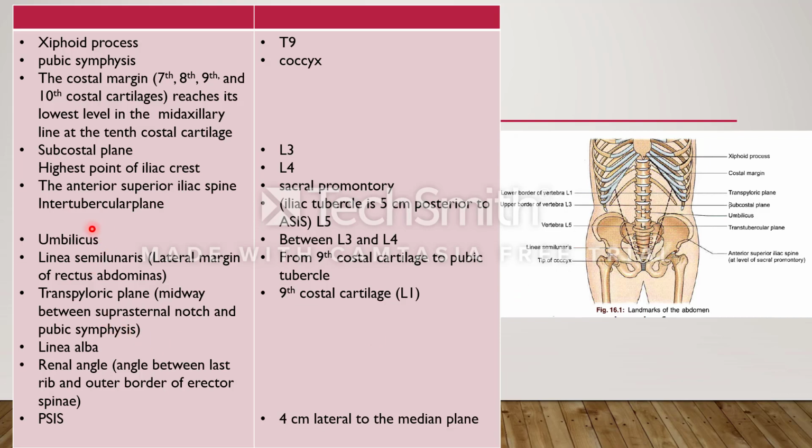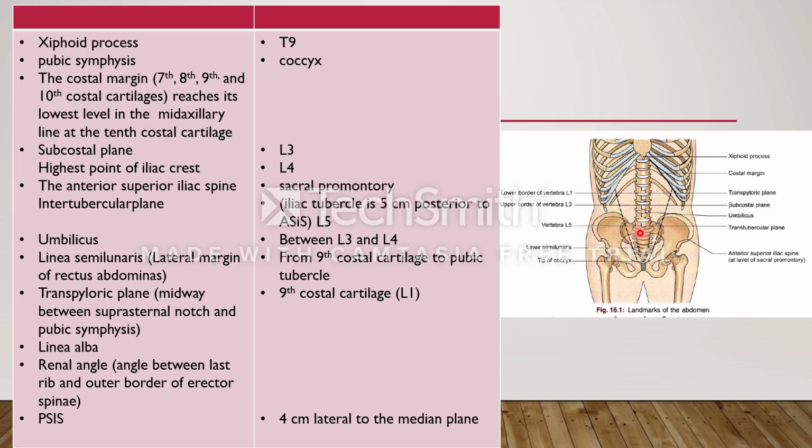Then there is the intertubercular plane. What is the intertubercular plane? The intertubercular plane is the line which is passing through two tubercles of the ilium. This is the iliac crest. There are two iliac tubercles which are about 5 centimeters posterior to the anterior superior iliac spine. This line will pass through the iliac tubercles.